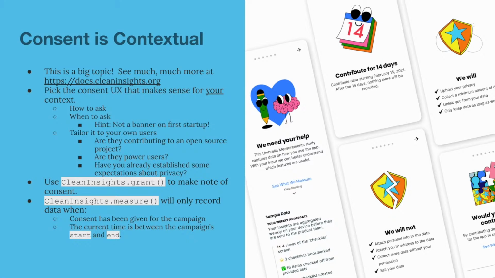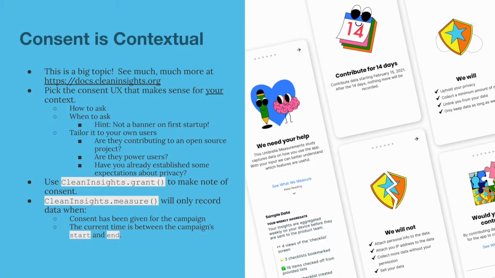That's different than if you're targeting, say, a generic audience. If you've already established some expectations about privacy, if you make a privacy-focused app, you can talk about that and say, just like we store X in such and such a way, we're storing this in such and such a way, right? Or, we promised you that we would never do X, Y, and Z, and here's how this keeps up with that. So it doesn't feel like it's just a data grab, right?